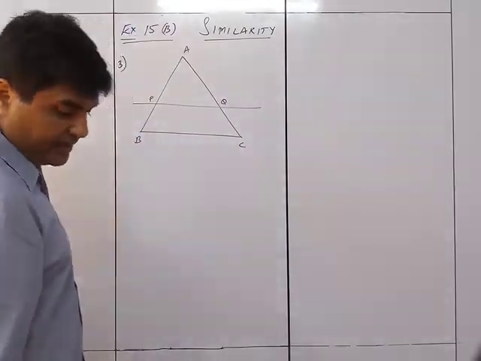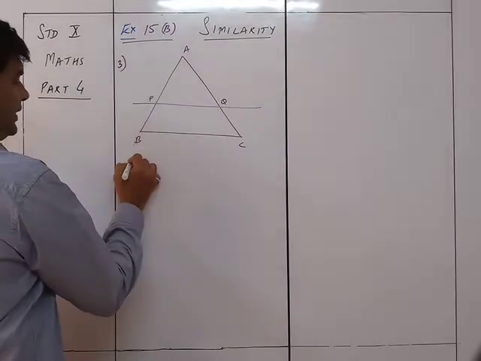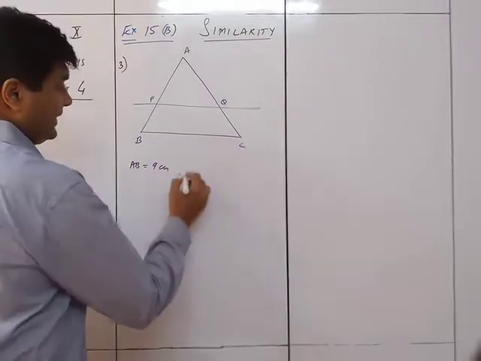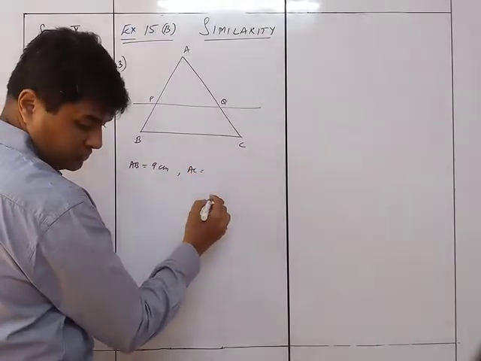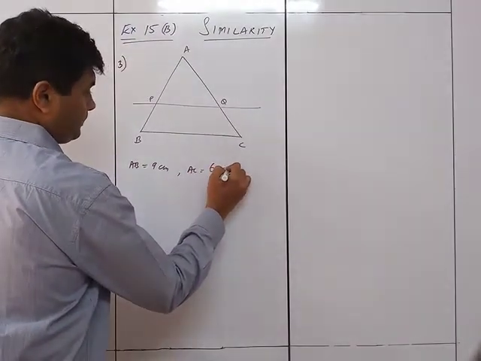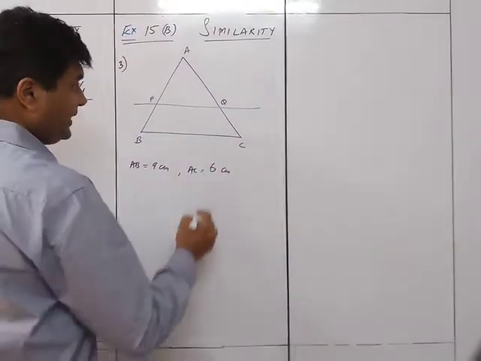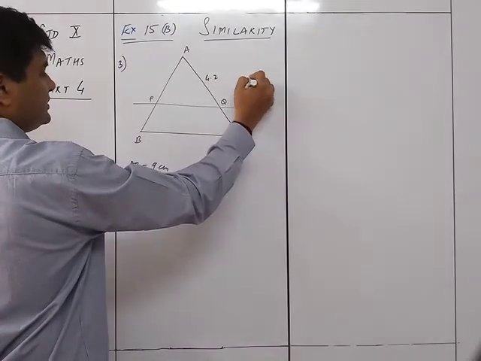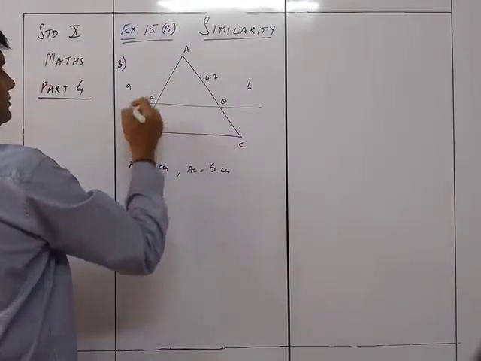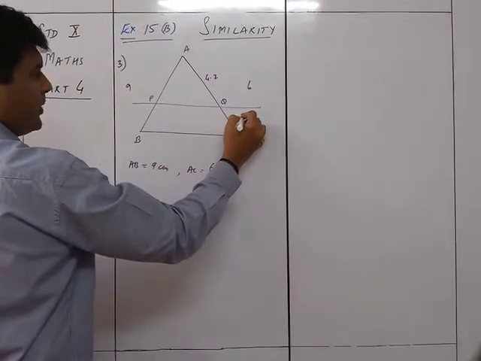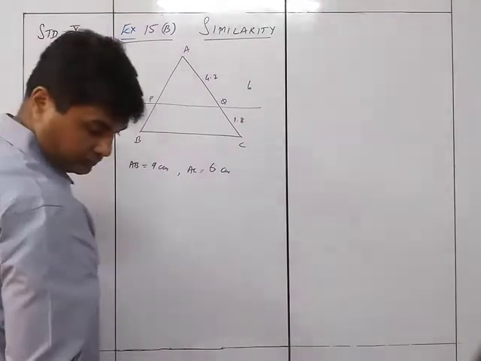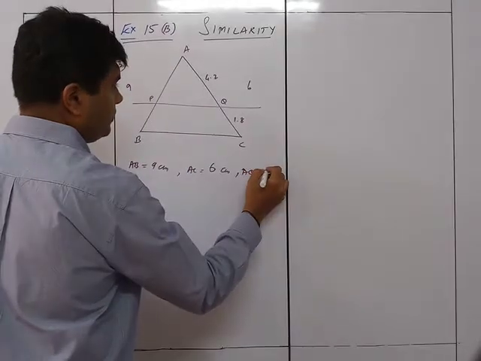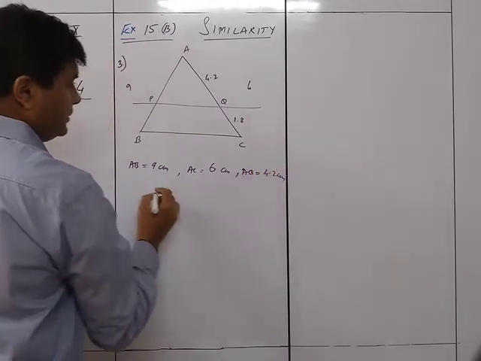Fine, exactly the same. AB is equals to 9 centimeters. AC is equals to 6 centimeters. AQ is equals to 4.2 centimeters.